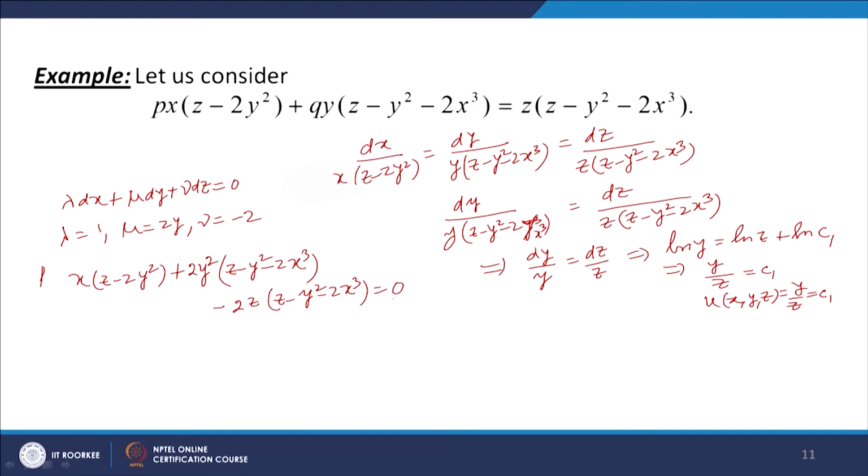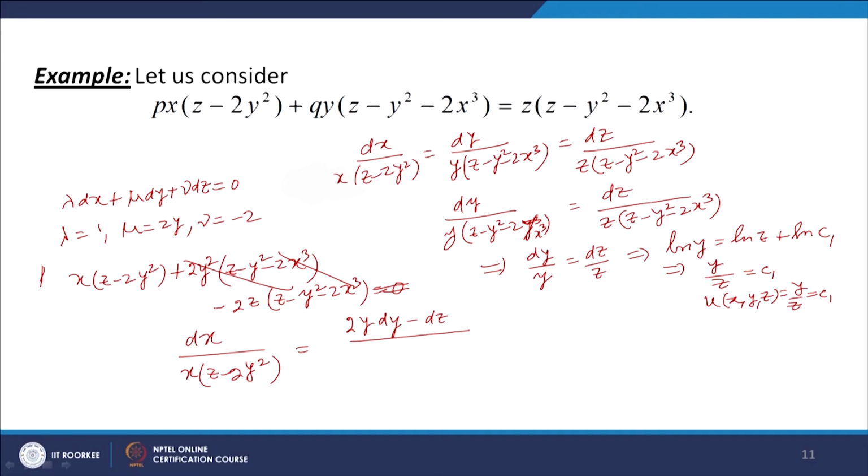Will I get that 0? Dx, we should not try this. Let me see, dx upon x over z minus 2y square is equal to, and here we will take 2y dy minus dz. Let us try this.